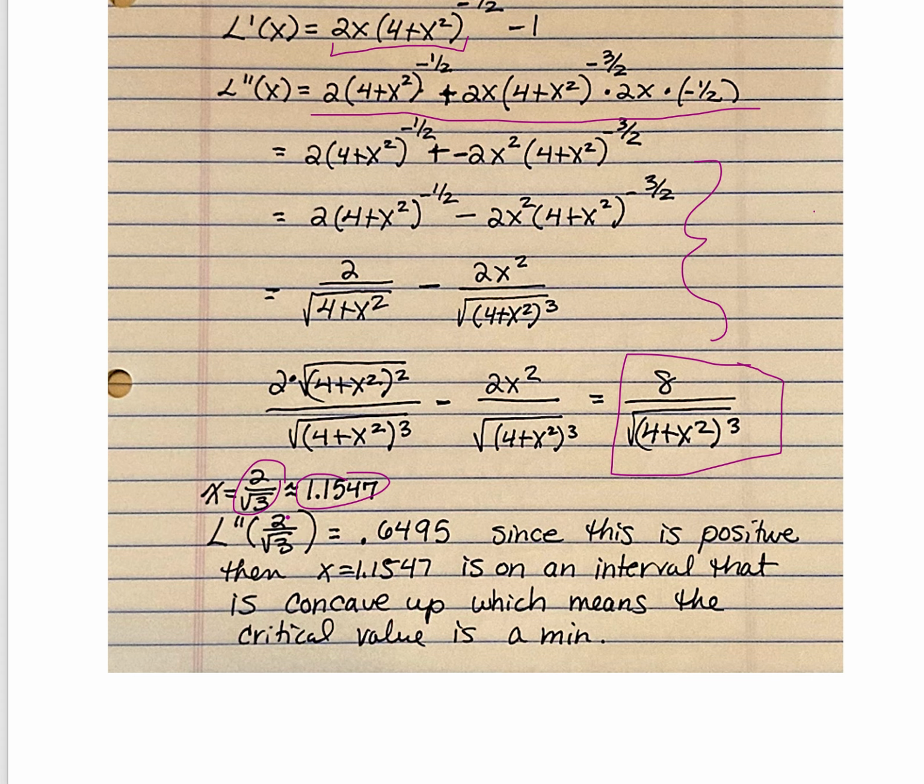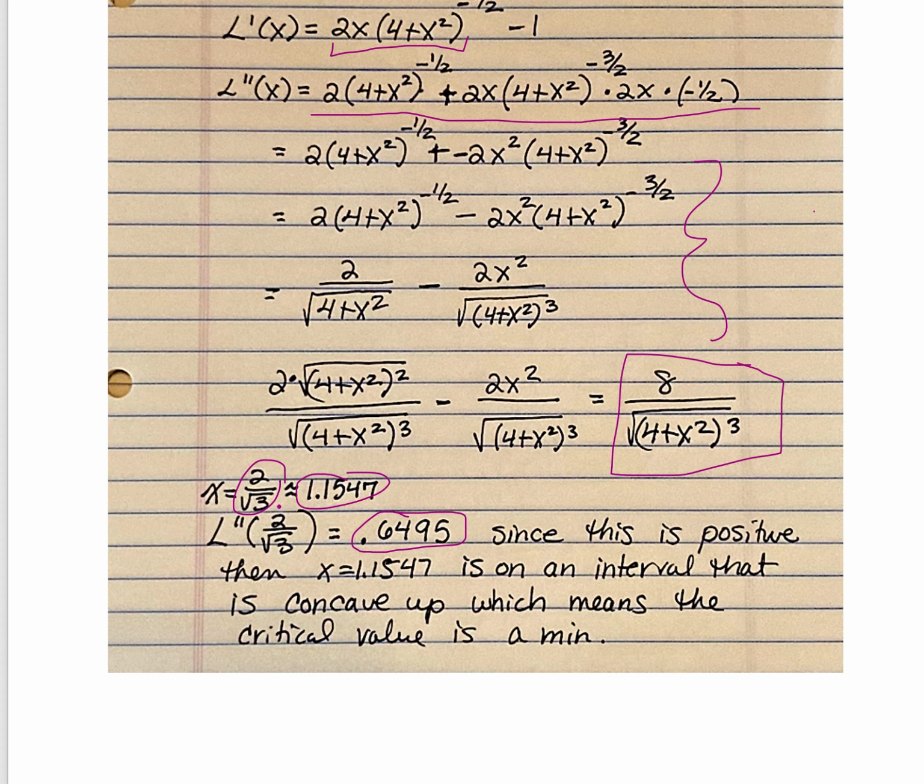When I plug in 2 over the square root of 3 into my second derivative, and I put this in decimal form to make it easier when I plug it in, I got 0.6495, which means that this is a positive number, which tells me that that critical value, the 1.1547, or the 2 over the square root of 3, lies on an interval that is concave up, since the second derivative told me that that's positive.